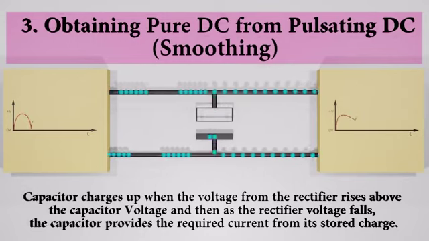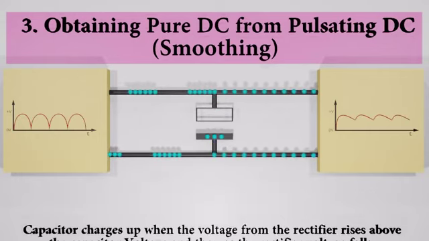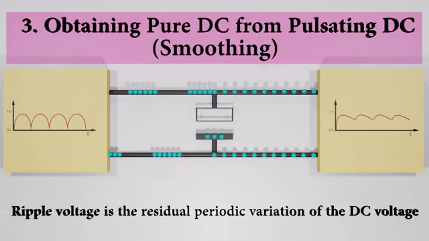The capacitor charges up when the voltage level increases, and it releases the stored charge when the voltage level decreases. Even though the output is smooth, there are small residual periodic variations.